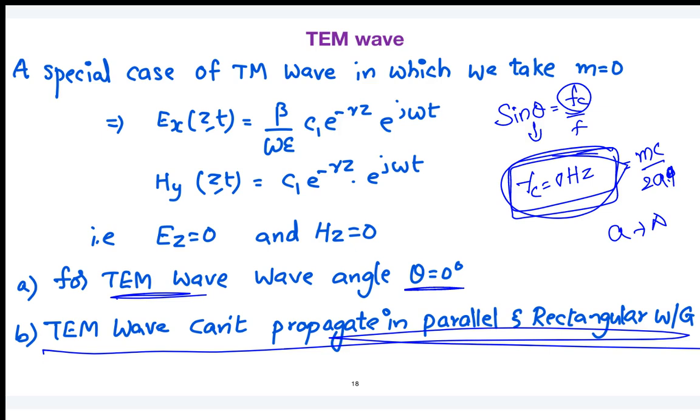Is my statement correct? We have seen in wave propagation that a uniform plane wave happily propagates in free space. That is the reason you can also consider free space a waveguide where the cutoff frequency is 0 Hz. Because if you take the entire free space, your radius is going to be infinity. You will have a large separation. So you can assume that the TEM wave can propagate only in free space.